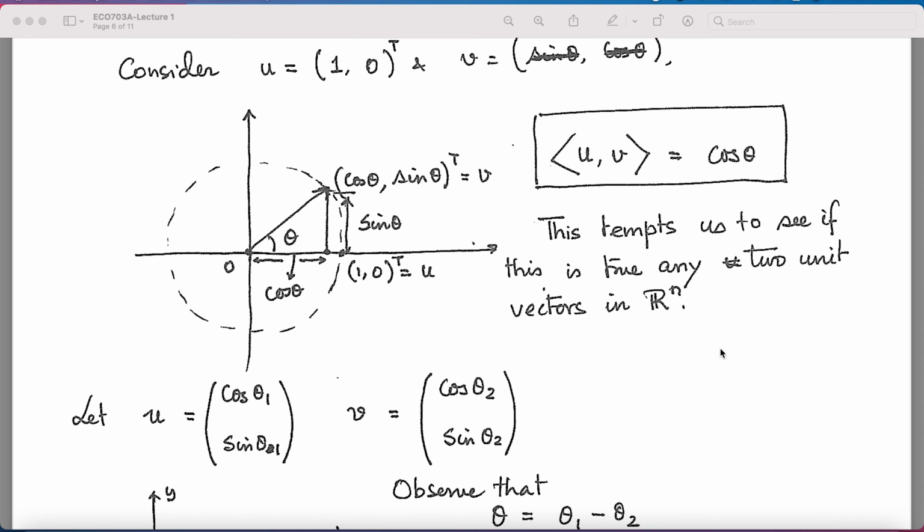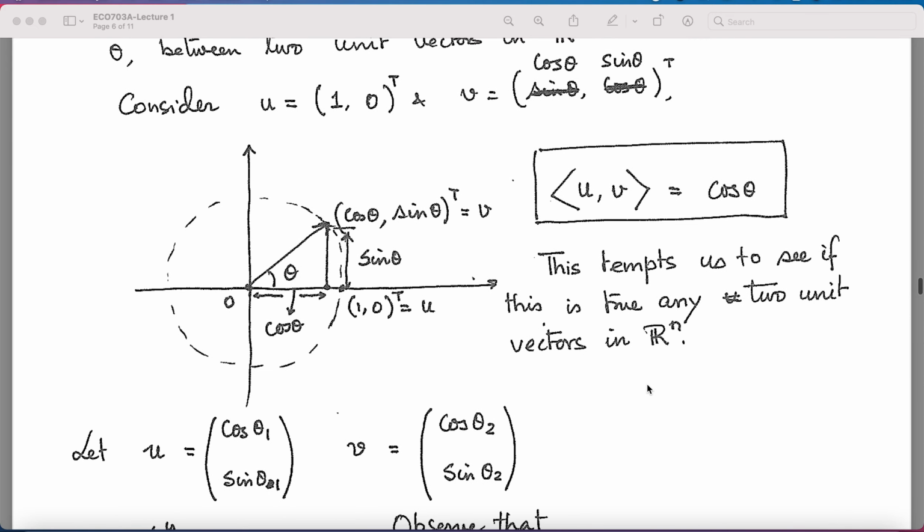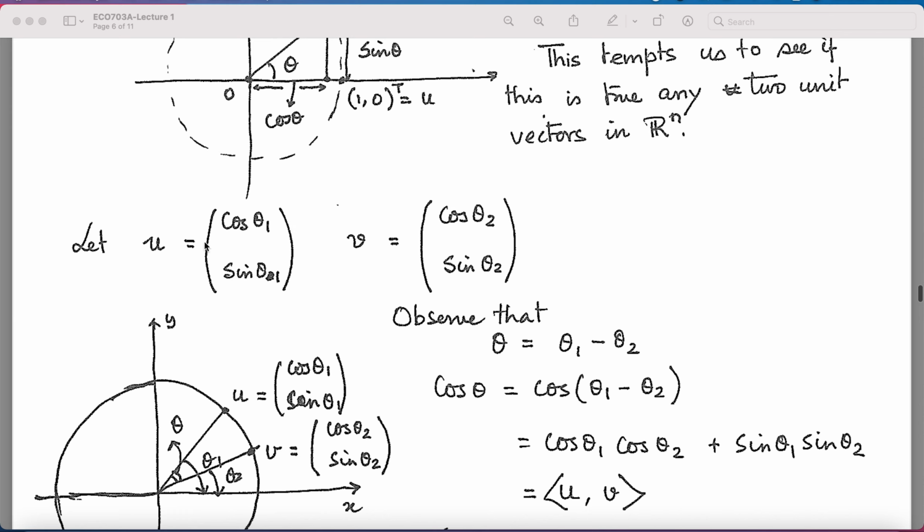Here I have chosen u very specifically, where theta is 0, so cos theta is 1 and sin theta is 0. Now, suppose I do not do so, and I take two unit vectors in R2. Actually, here instead of Rn I should have written R2. So, I take two vectors in R2.